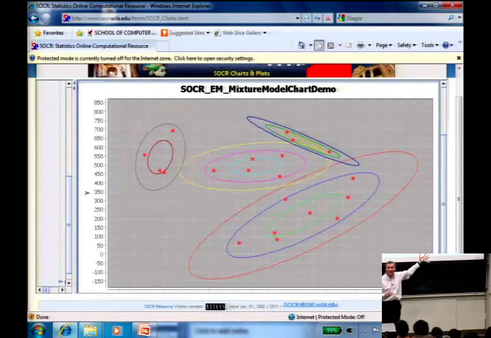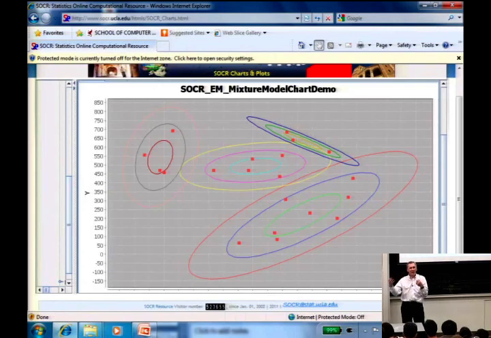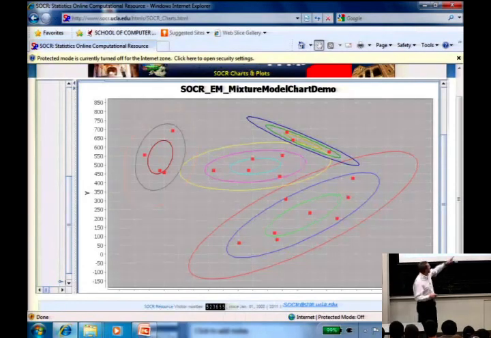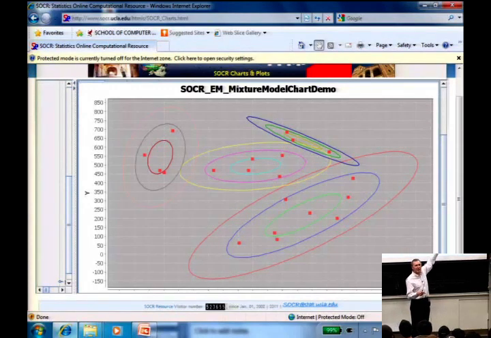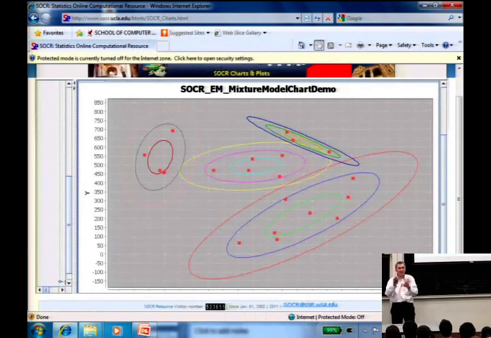You can see very vividly what's going on in each one of those EM iterations. On the E step, the algorithm is re-estimating for every one of those data points whether Z equals 1, 2, 3, or 4, which of the 4 clusters that data point belongs to, with what probability. It's not an all or nothing thing.